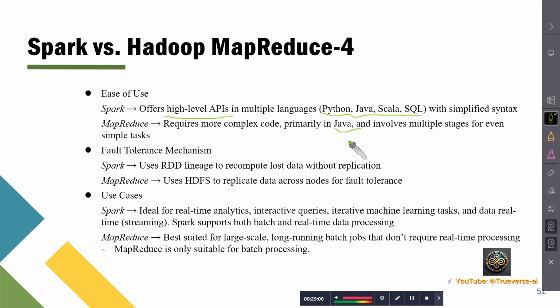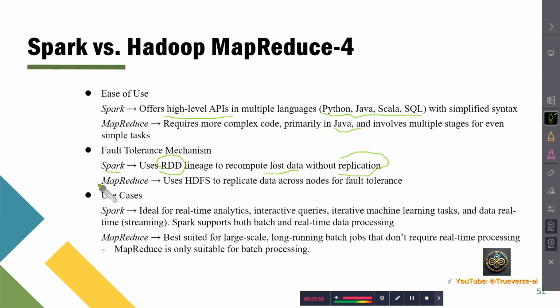This is the problem, it does not match well with Python. And in terms of the mechanism for fault tolerance management, since Spark uses the RDD format, which is partitioned across different clusters, it can recompute lost data, with data redundancy.